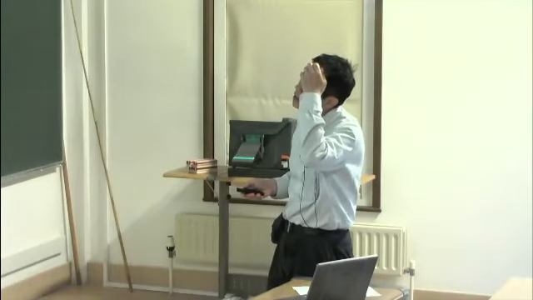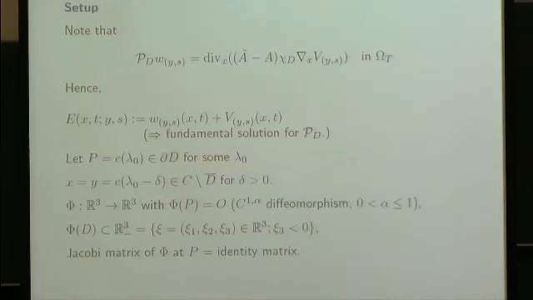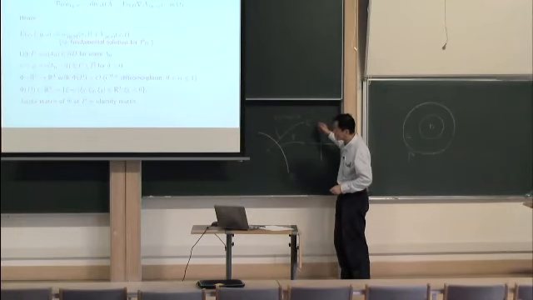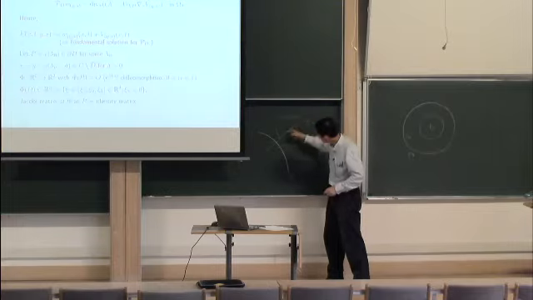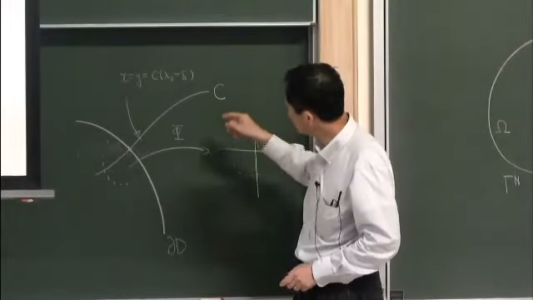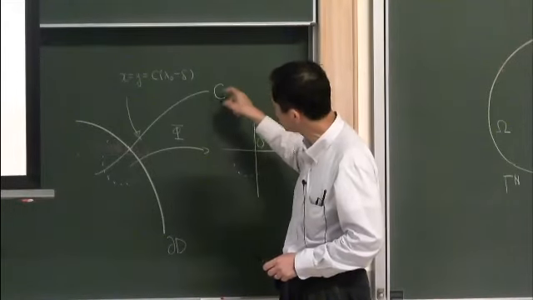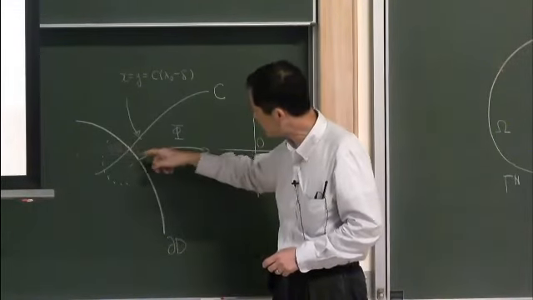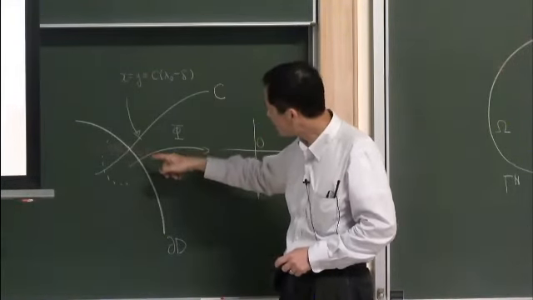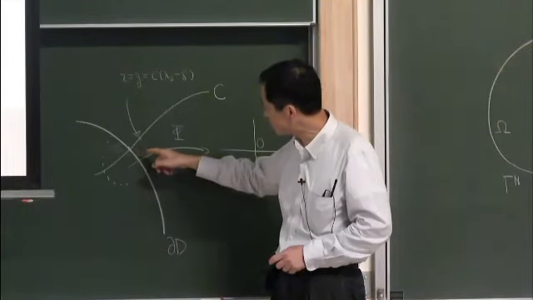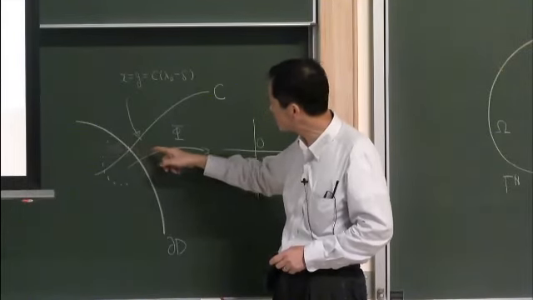Okay, for that, first please consider this kind of situation. We have a needle going into D, and let the first hitting point of this needle to this partial D be P. This can also be denoted by C of lambda 0.